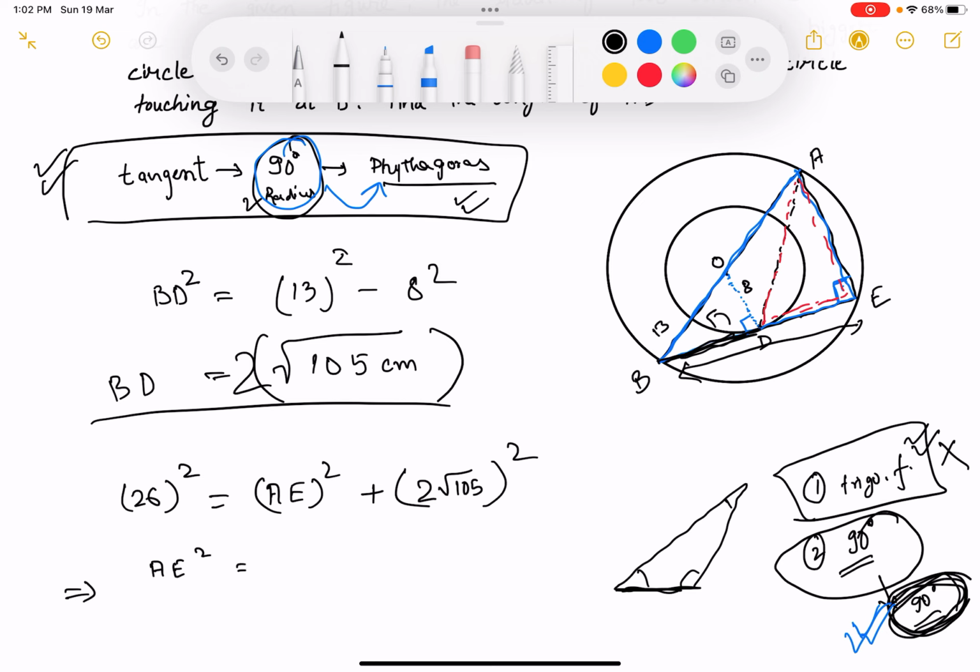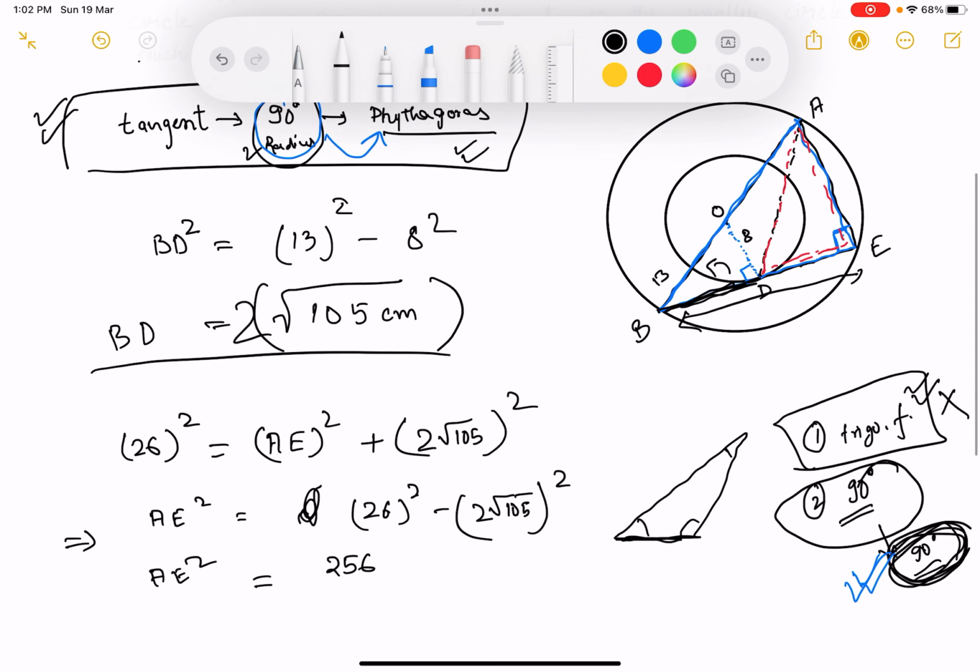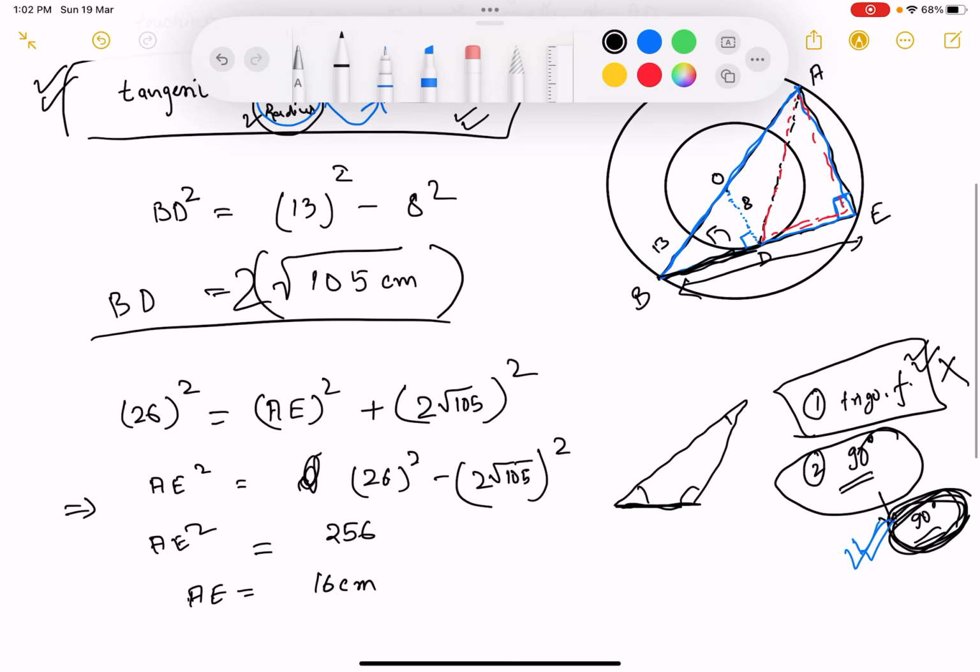AE square is equal to 26 square minus 2 root over 105 square. So we can simplify this and we can get AE square as 256, or AE is equal to under root of 256, which is 16 centimeter. Okay, now we know AE.